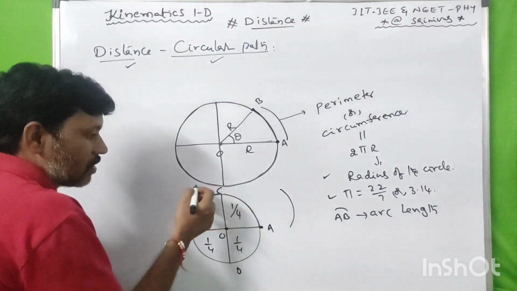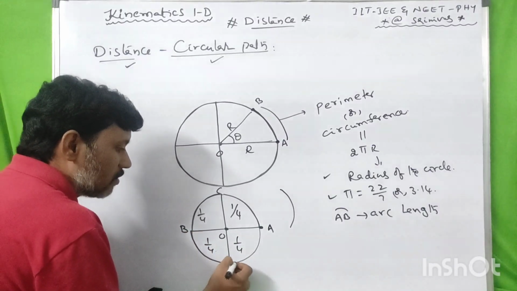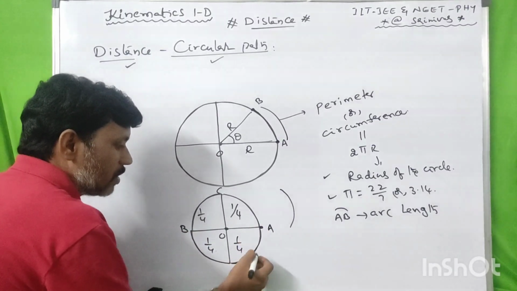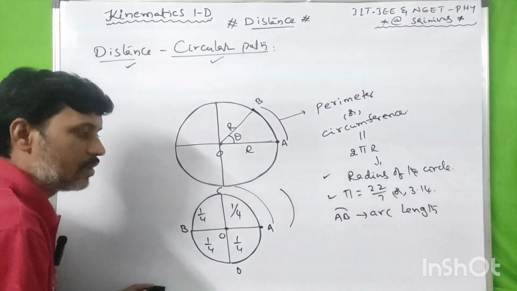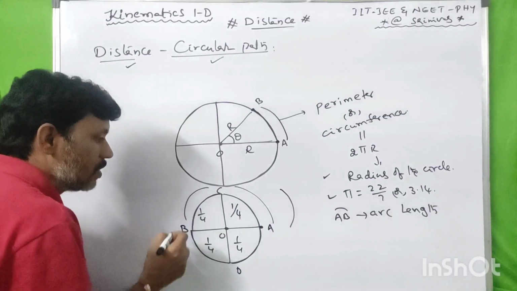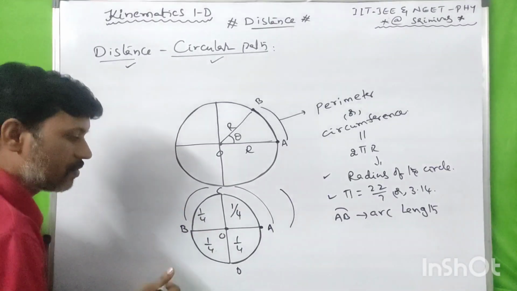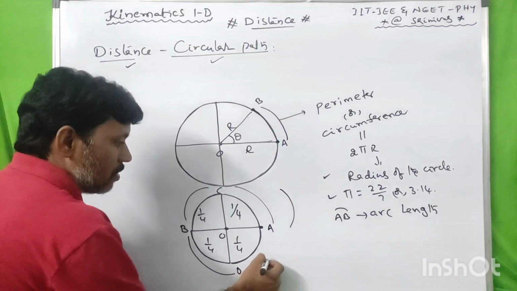So four equal parts. From A to C is 1/4 of the total circumference, C to B is also 1/4 of the total circumference, and B to D is also 1/4 of the total circumference.